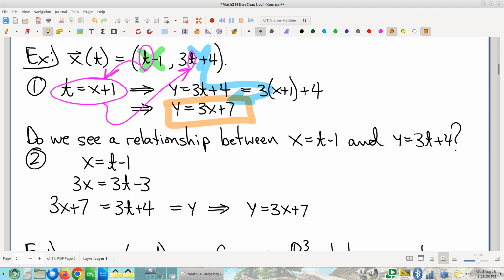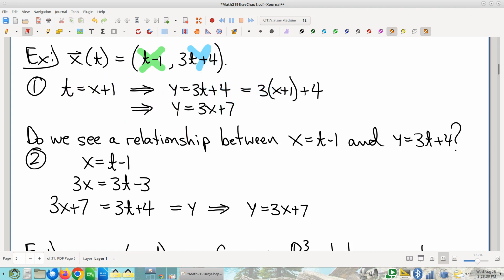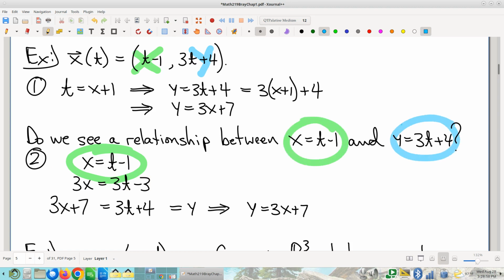All right, now, here is a different approach that works in different circumstances. Keeping in mind that this, again, is x, and this, again, is y. Let me just explicitly write down that's what x is. And now, if we look at these formulas for x and y, I'm just going to notice that they look a lot like each other.